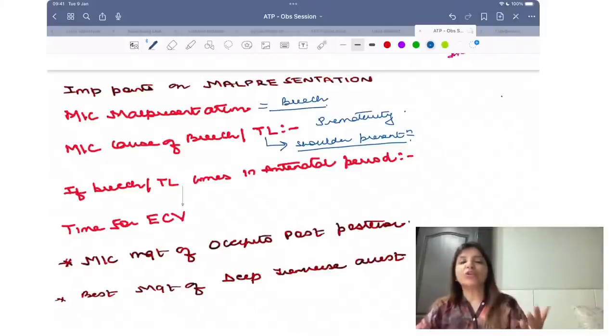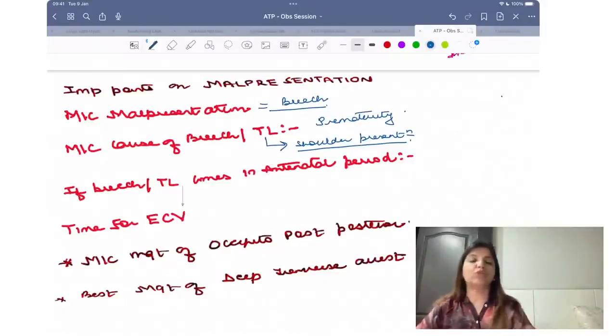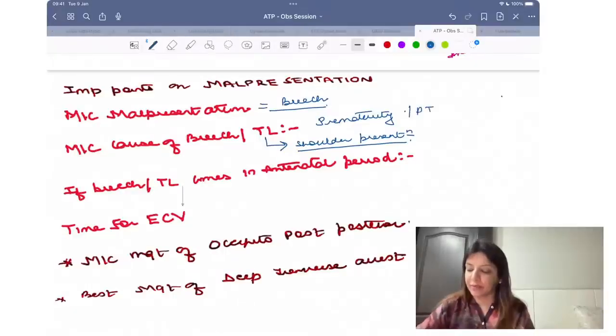So, before 32 to 34 weeks, जितने भी babies breech में होते हैं, जितने भी baby transverse lie में होते हैं, they will automatically rotate and they are going to become cephalic. But if this auto rotation doesn't happen, why will this auto rotation not happen? Because delivery happened before 32 to 34 weeks. So, the most common cause of breech or transverse lie is prematurity or preterm labor.